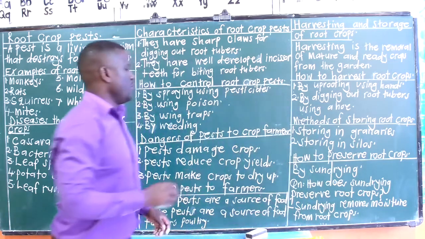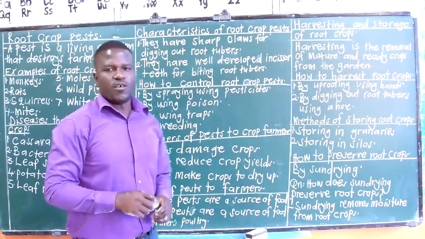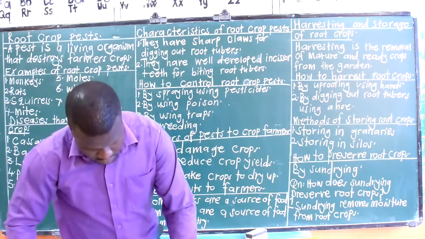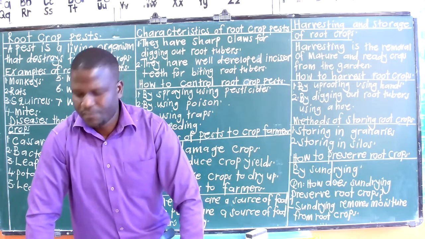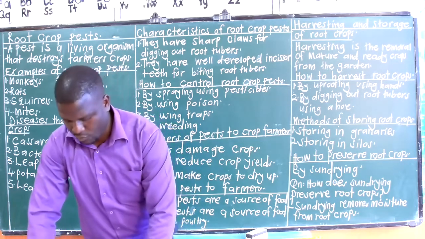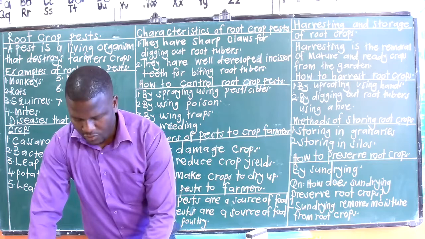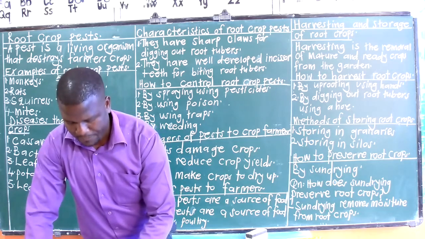Sun drying removes moisture from root crops. So in other words, heat from the sun removes moisture from root crops and those root crops dry.